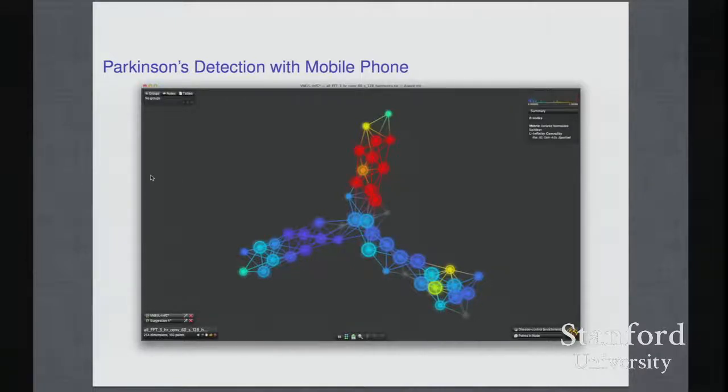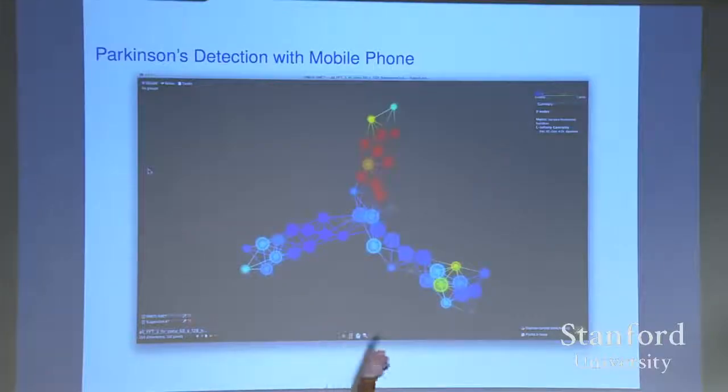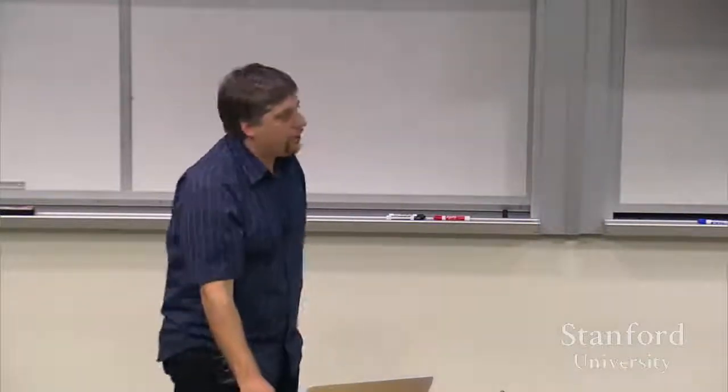Now here, this says that we have two populations of Parkinson's patients, and we have no explanation for that. We can't say, oh, this is Parkinson's A and Parkinson's B. We're saying there's two groups based on the phone accelerometer, but we don't have a biological understanding of that.